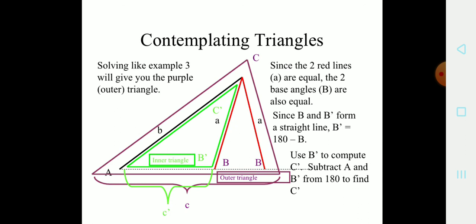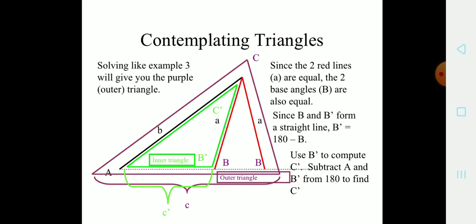Solving like example 3 will give you the purple outer triangle. Since the two red lines A are equal, the two base angles B are also equal.